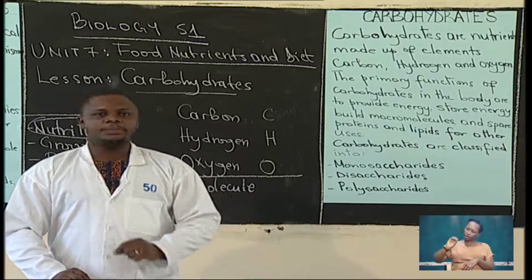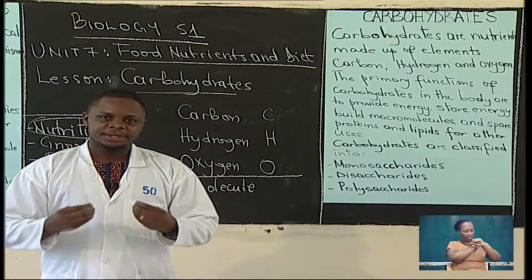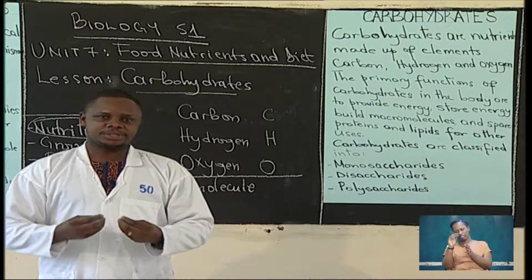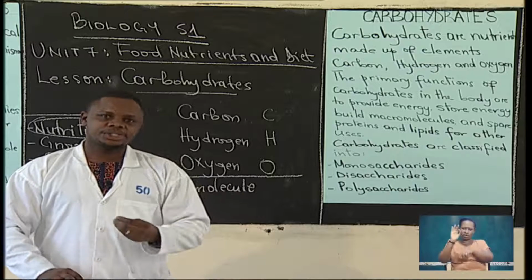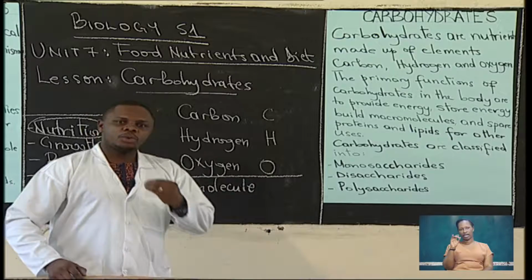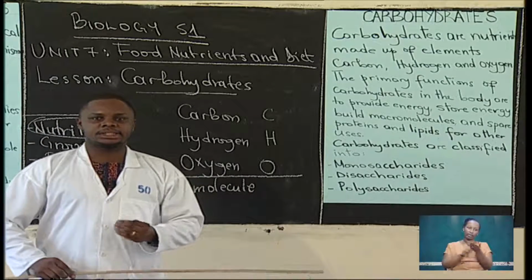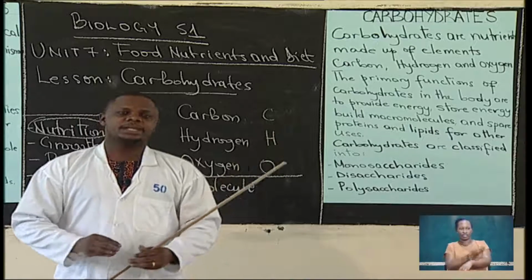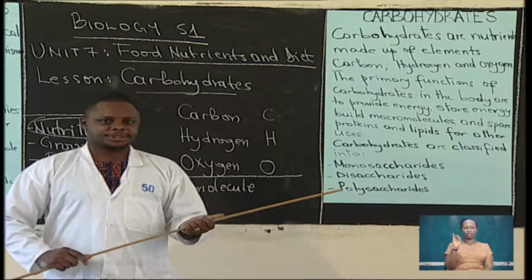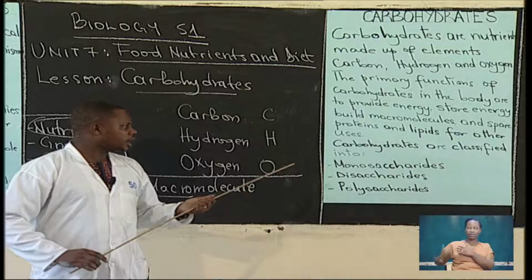So to avoid lipids and proteins being used as the source of energy, carbohydrates are the ones which are used first. That's why they say when carbohydrates are being used as the source of energy, lipids and proteins are used for other functions. So those are some of the functions of carbohydrates.